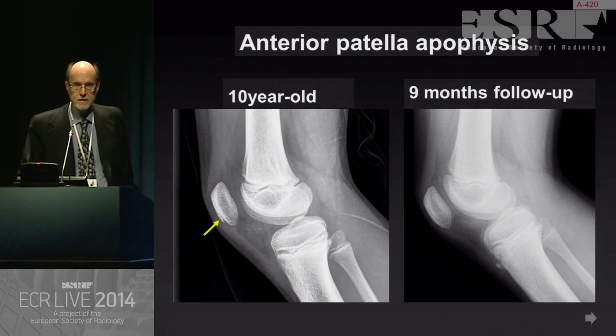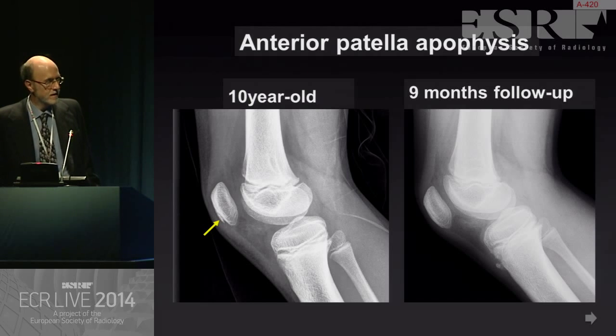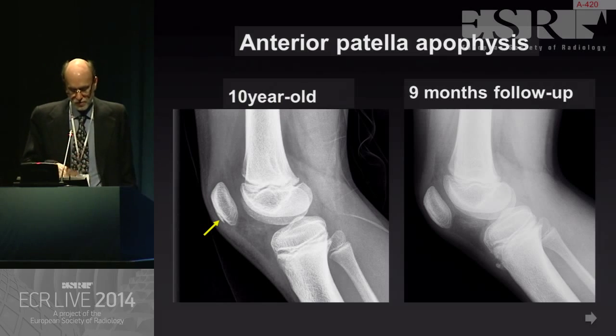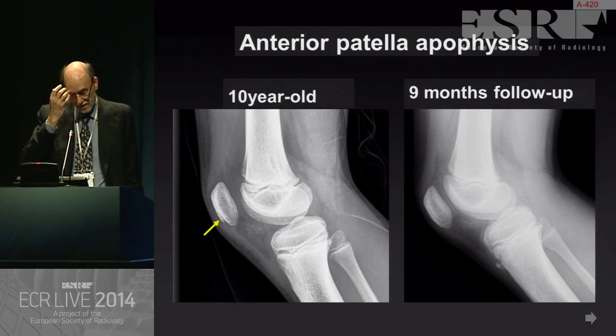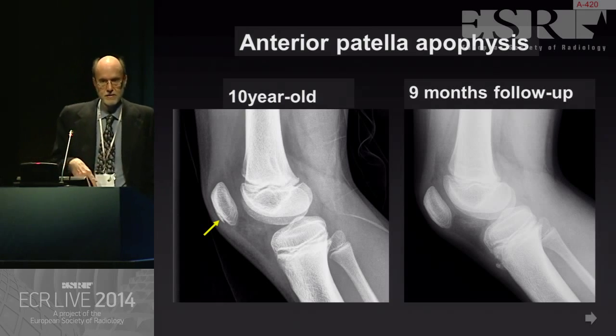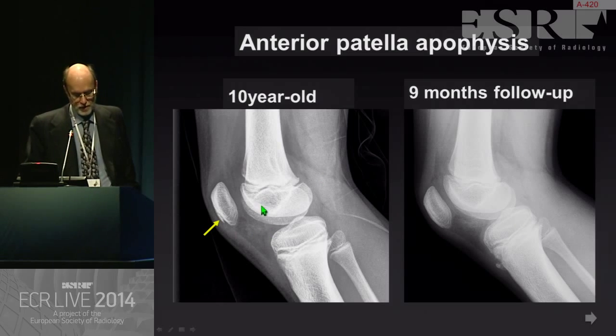But in the meantime, the patient was put in a cast in another hospital for 5 weeks. So the reason was this misleading aspect. They took it for a fracture, and the patient suffered the cast during 5 weeks. So it's important to be aware of these normal variants.